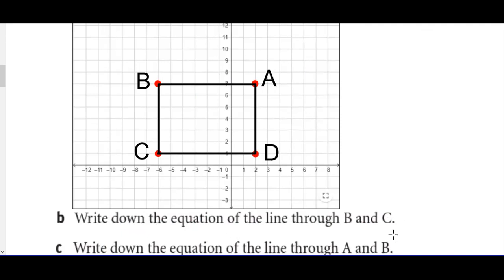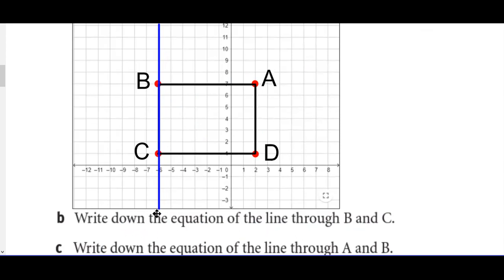So what you have to do over here is draw a line through points B and C. Draw a line like so. Can you see that? This is the line which is passing through points B and C. Now the question is, write down the equation of that line.